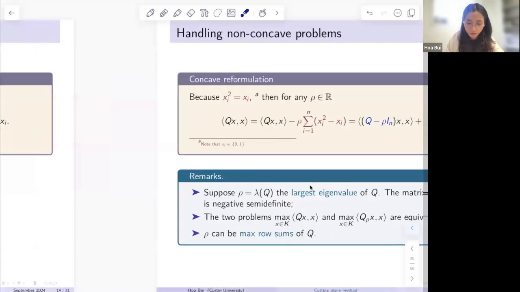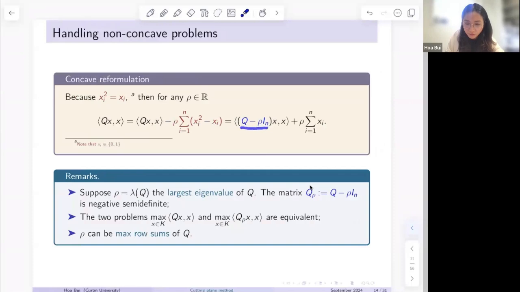So this matrix means that you just change the diagonal of the matrix Q by taking minus rho. And when rho is large enough, in particular larger than the largest eigenvalue of matrix Q, then the matrix Q rho here will be negative semi-definite, because when you shift the diagonal by rho, all of the eigenvalues will be shifted by minus rho.